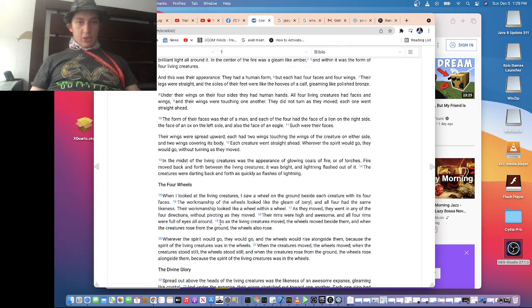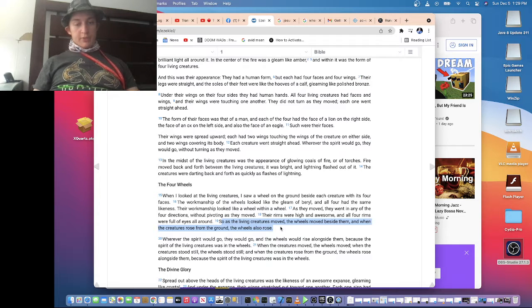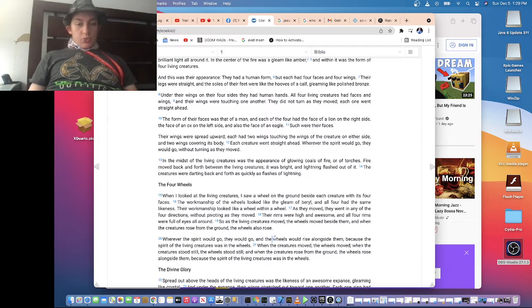So as the living creatures moved, the wheels moved beside them, and when the creatures rose from the ground, the wheels also rose. So that means when they travel on top of a hill, the wheels also go with it. Wherever the Spirit would go, they would go, and the wheels would rise alongside them because the spirit of the living creatures was in the wheels.